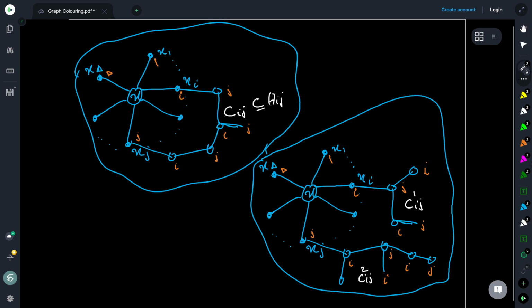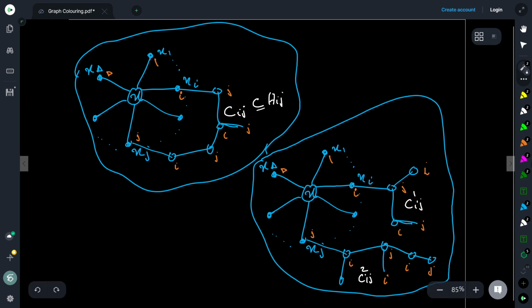Now I claim that if you look at the subgraph induced by the colors i and j in H, they appear in some components of Hij. Hij can of course have several components, as you observe. But I claim that in fact the vertex xi as well as the vertex xj must belong to the same component of Hij.